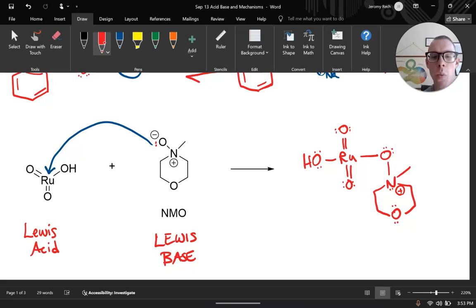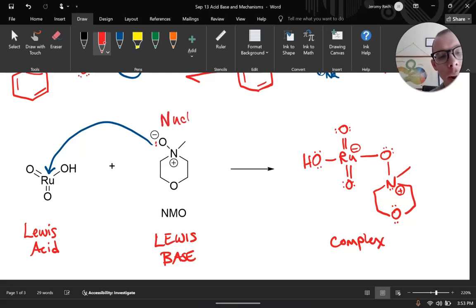My oxygen was negative, and I got an extra bond, so it's now neutral. My ruthenium was neutral, but now got an extra bond. So it is actually going to be now negative, because I need that conservation of charges. 1 negative and 1 positive, 1 negative and 1 positive. And this right here would be my complex that forms by the reaction between NMO and my ruthenium.